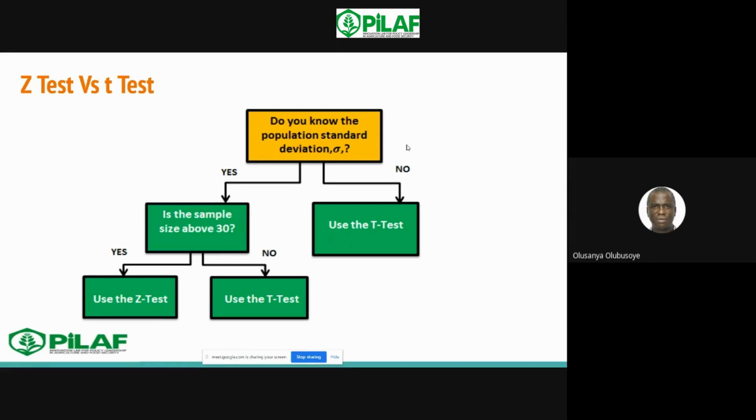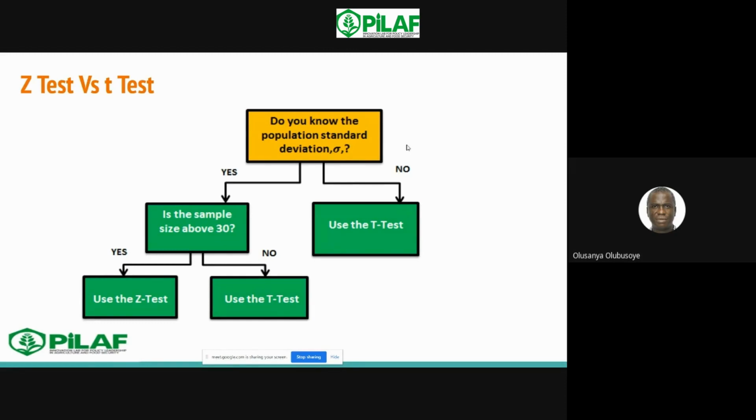If the population standard deviation is known, in which case your answer to the question is yes, then you need to ask another question, and that is whether the sample size is greater than 30.